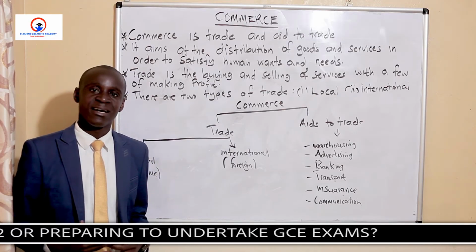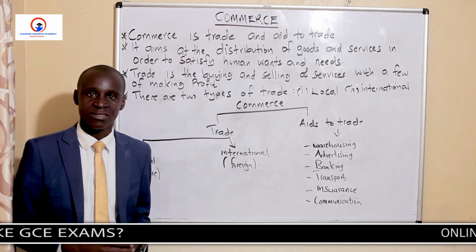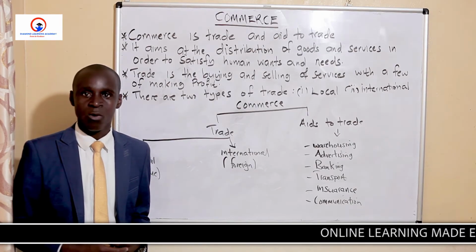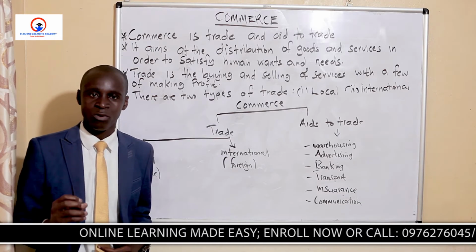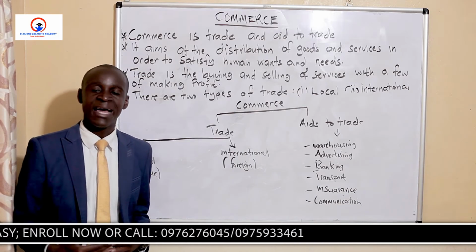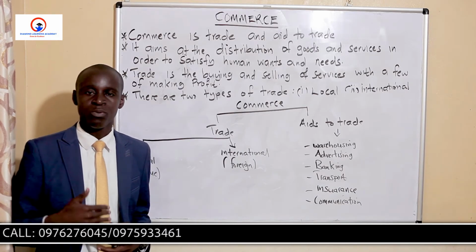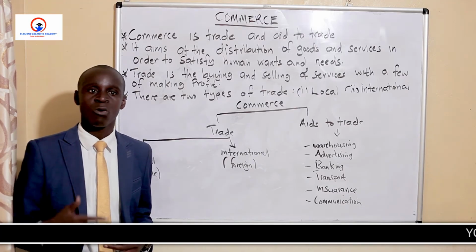And there's a body that regulates international trade. Like in Southern Africa, we've got what we call COMESA, the Common Market for Eastern and Southern Africa. That body exists for the purpose of international trade. In short, it makes business easy to do between people of different countries and nations. And that is the essence and purpose of trade.